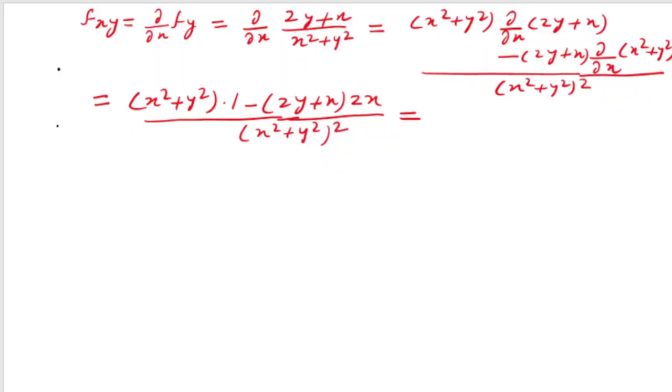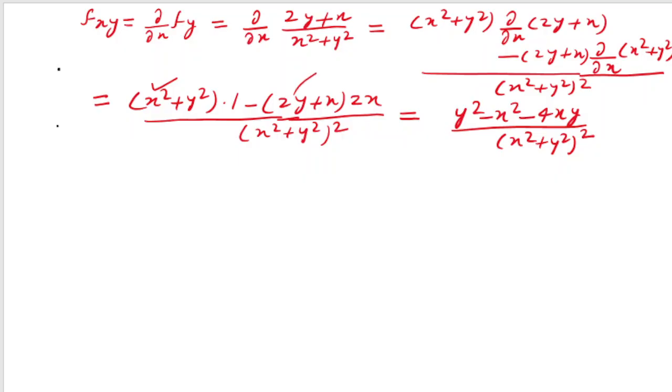So if I simplify x square from here and minus 2x square from here, I will get minus x square and 4xy, right, and y square. So I write y square minus x square and minus 4xy divided by x square plus y square whole square.